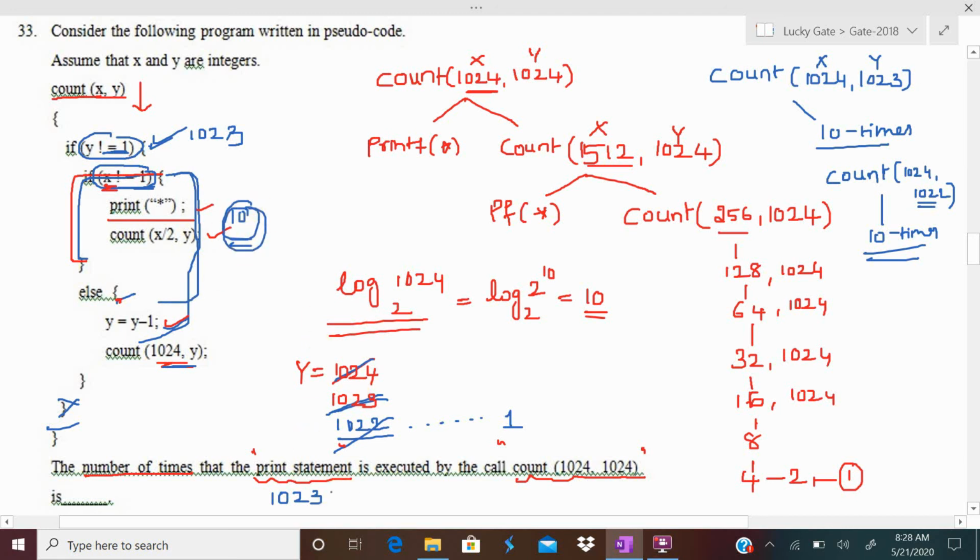So totally how many times is it executing? 1023 into 10, which equals 10,230 times the printf statement is going to be executed. So the answer for this question is 10,230.